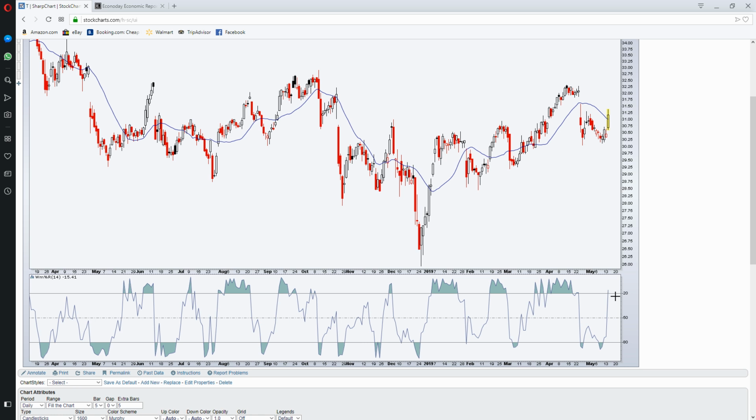But back above minus 20, that's the spot where you start to look and say the emergence of a trend is significantly higher. Williams percent R in bull markets, phenomenal indicator, and you buy when it moves above minus 20. The CCI in choppy, bearish, volatile markets, phenomenal indicator, and you buy oversold and you sell overbought.